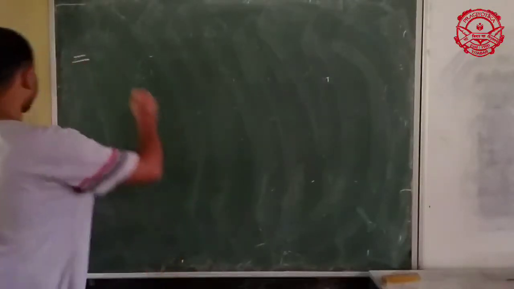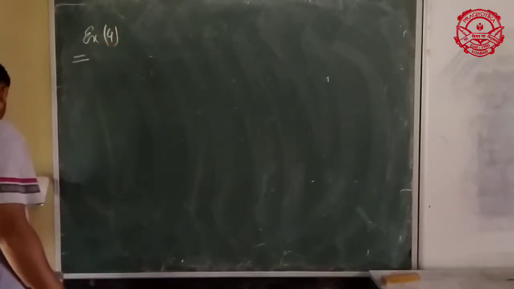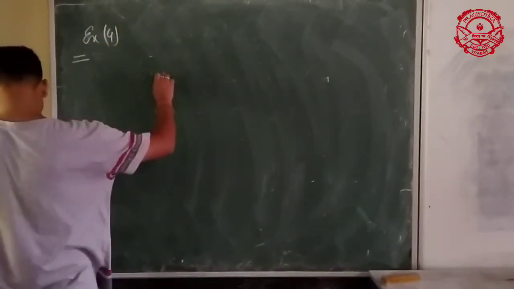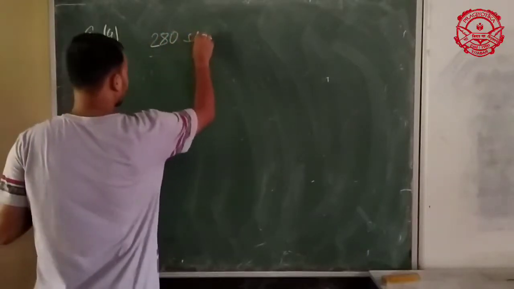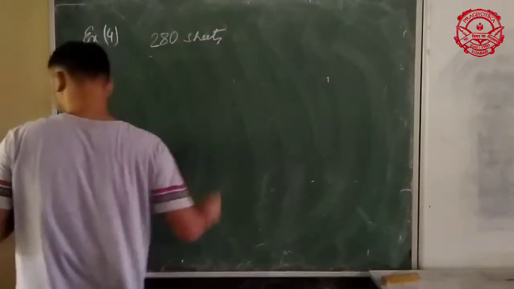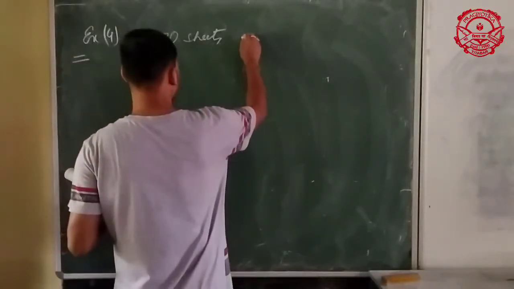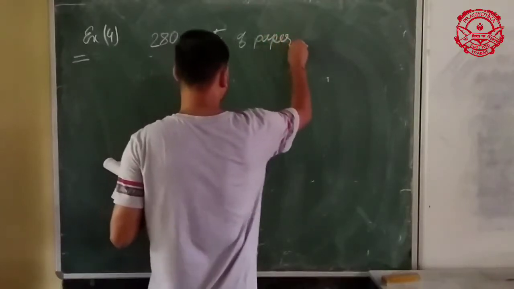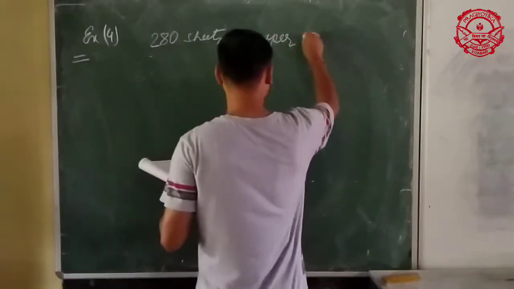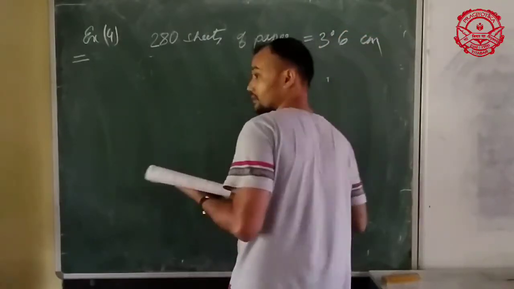Now see the question, example 4. 280 sheets of paper. If I have 280 sheets of paper, the thickness will be 3.6 centimeter.